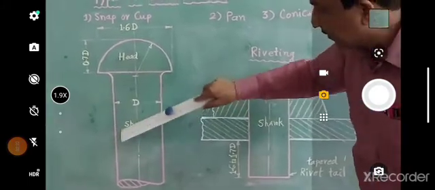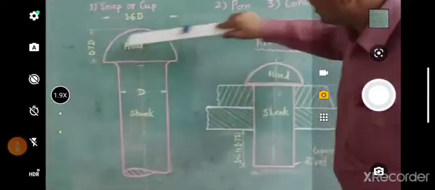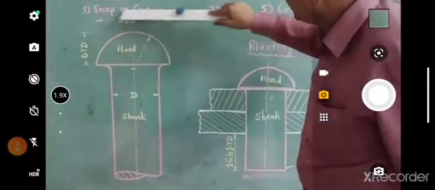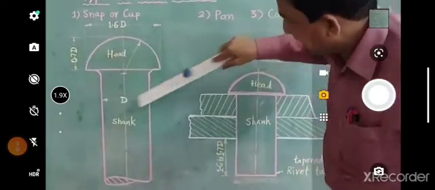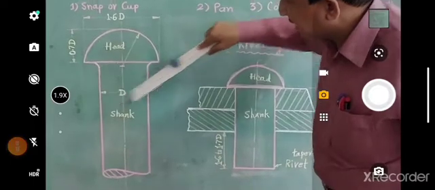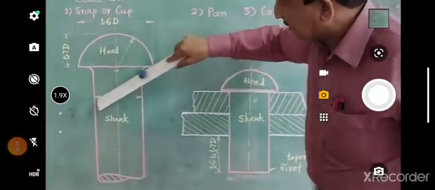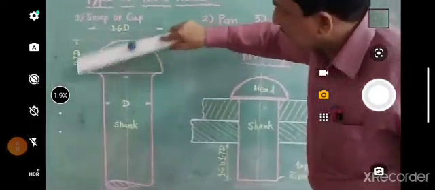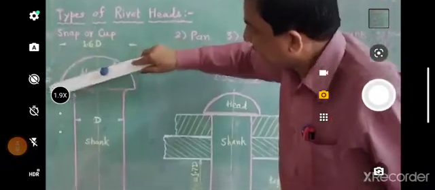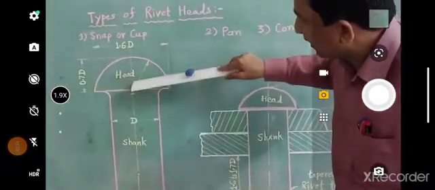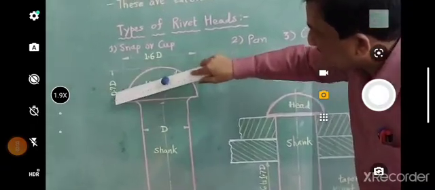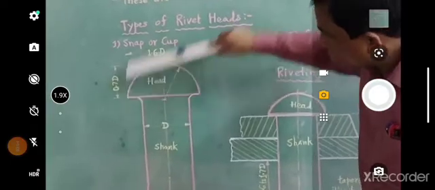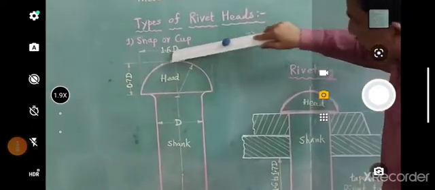It is cylindrical, and I have shown the dimensions here. How to draw the rivet? D we will be knowing. After knowing D, we have to convert it into 0.7D. This rivet head height is 0.7D, and this distance is 1.6D.